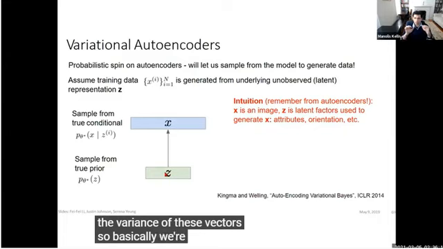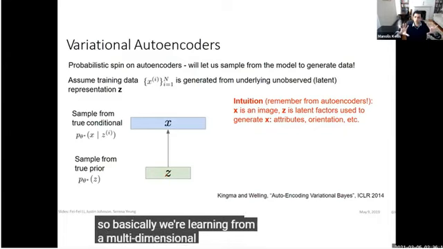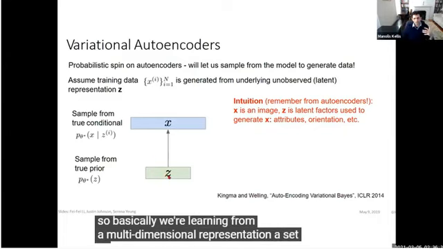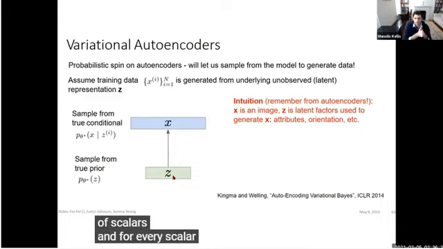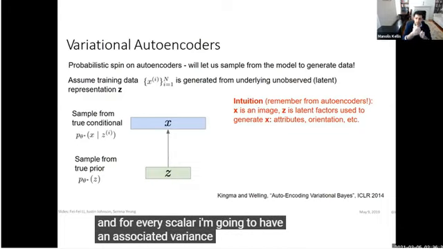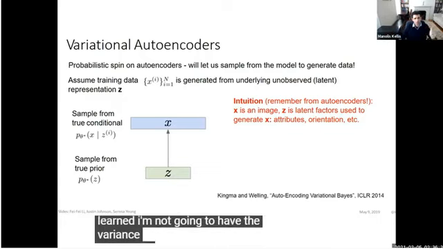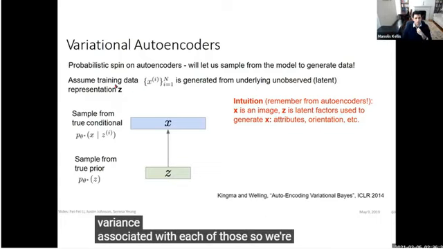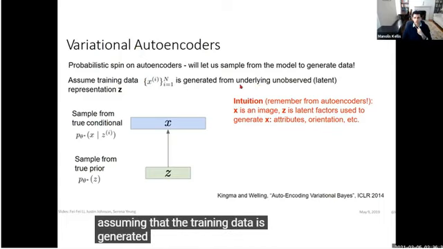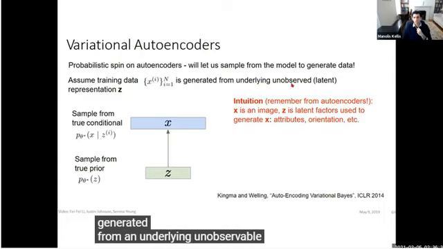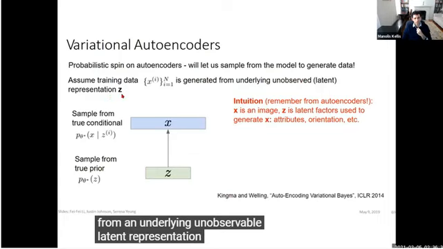So we're learning from a multidimensional representation a set of scalars, and for every scalar, I'm going to have an associated variance. For a vector of scalars that I've learned, I'm now going to have the variance associated with each of those. So we're assuming that the training data is generated from an underlying, unobservable, latent representation.